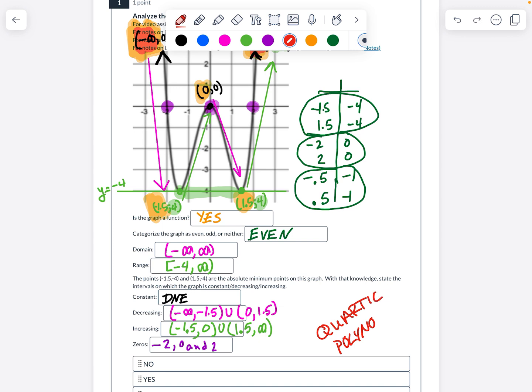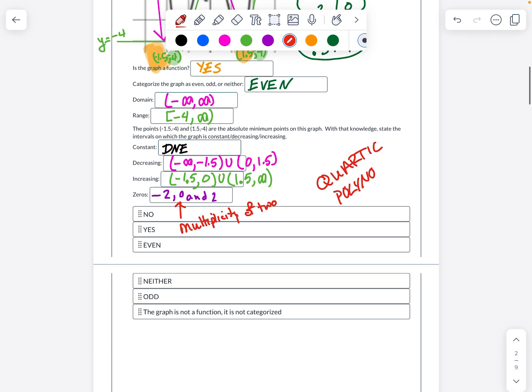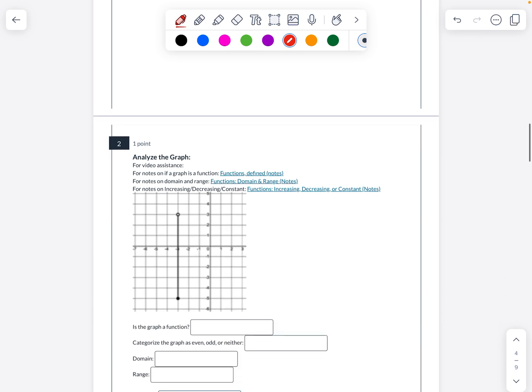It is a quartic polynomial because it changes directions 3 times. Okay. And actually, the 0 at 0 has a multiplicity of 2 because it changes direction on the x-axis, so it bounces. We don't need to know the red part yet, though. Okay, I'll keep the red part out of here from here on out.